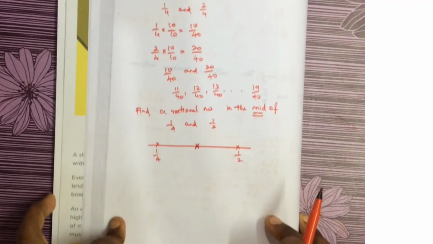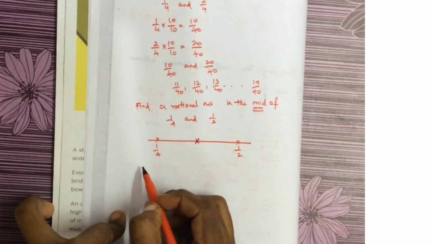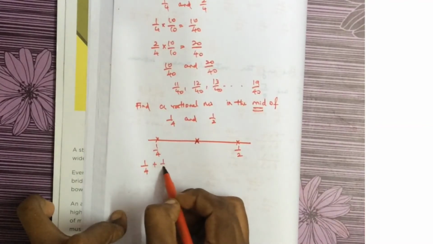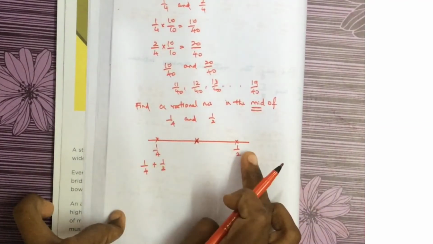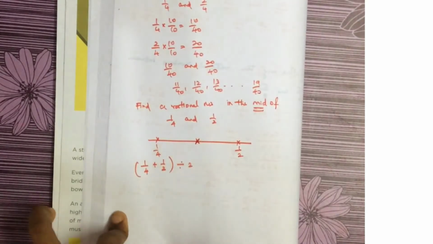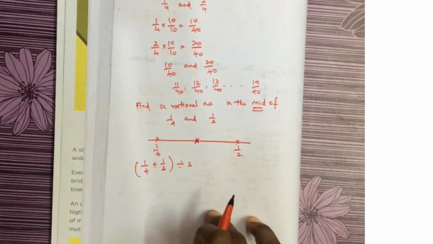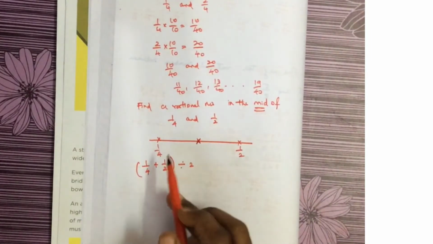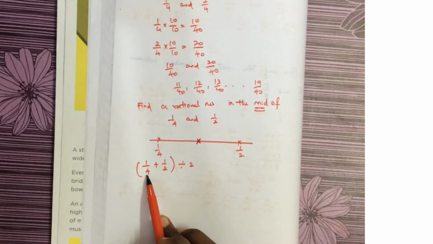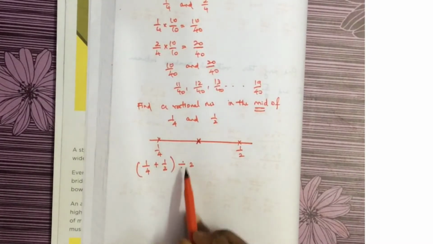What is called mean? Mean is you have to add 1 by 4 plus 1 by 2. Add the two rational numbers here and you have to divide by 2. Okay. If you want to find the mean of two numbers, you have to add the two numbers and divide by 2. So here it is 1 by 4 plus 1 by 2, divide by 2.